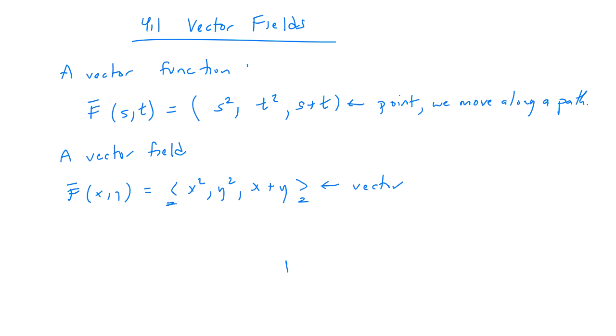And so in this chapter, we're going to look at 2 main types of vector fields and kind of bleeding into a few other ones.